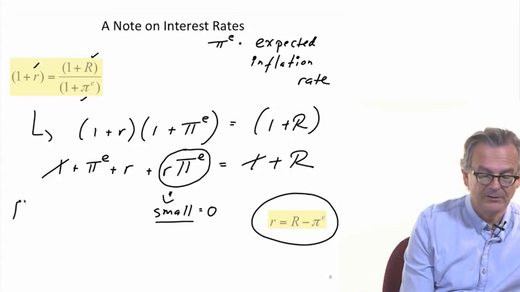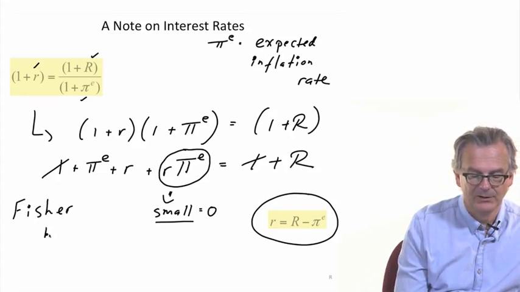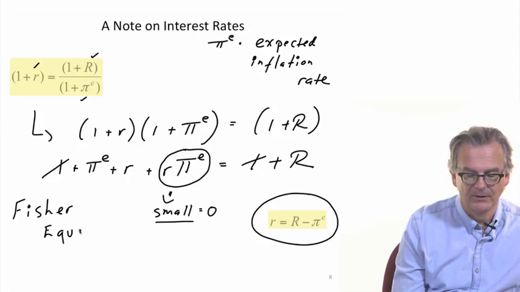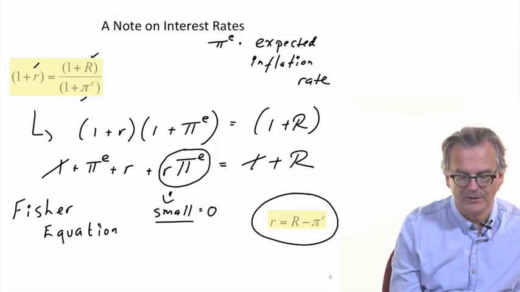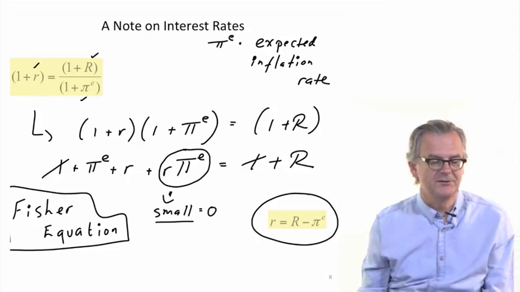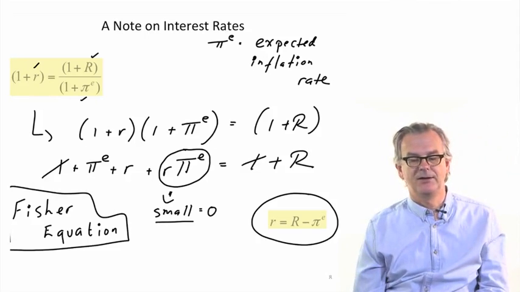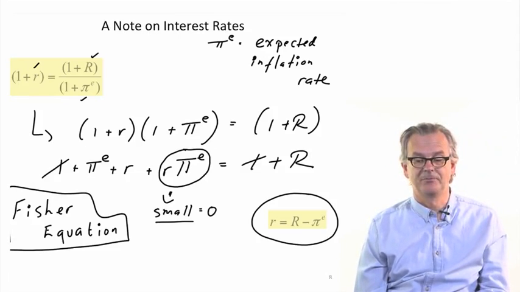That's a very famous equation in economics, and you'll often come across this term. It's called the Fisher equation, after a very famous American economist, Irving Fisher, who first thought seriously about these issues and realised this important distinction between the real and the nominal interest rate.